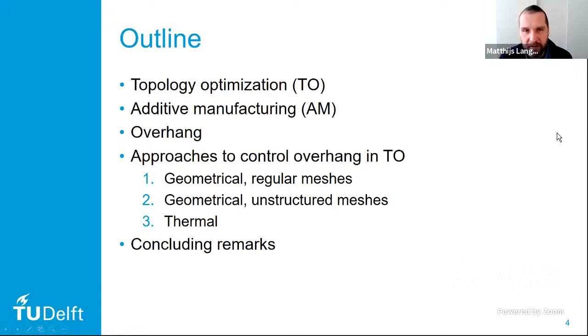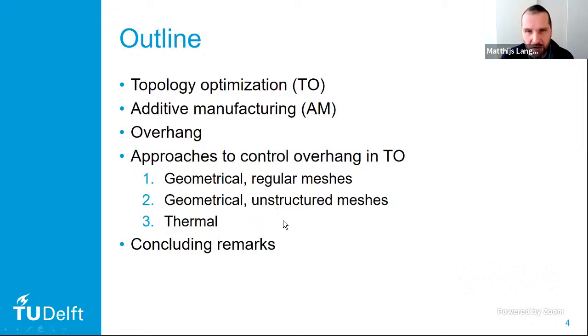So I will define that and then look at 3 different ways you can address that. In fact, this is not complete. There will be other ways. I believe, even judging from the title, that the next talk will also be about overhang constraints and yet a different way of handling them. So I think this is nicely complementary. Also from an engineering and mathematical point of view, it's interesting to see how many ways you can define such a restriction.